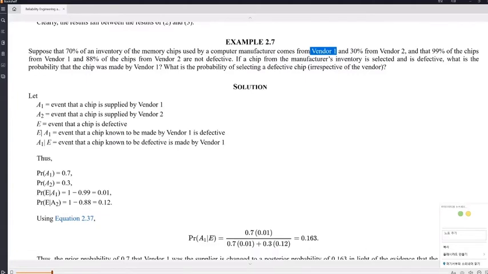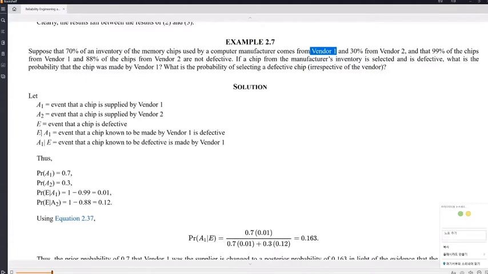So this factory receives 70% of their memory chips from vendor 1 and the other 30% from vendor 2. And the two vendors have different probabilities of having defects.